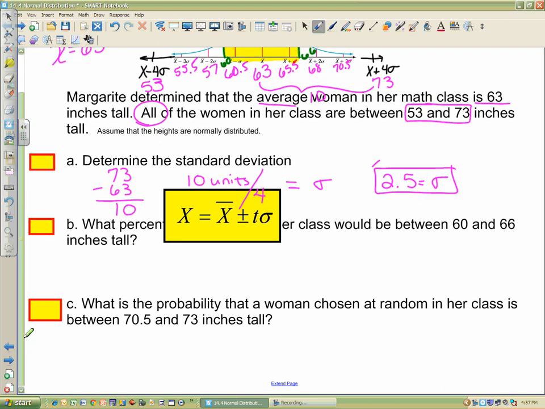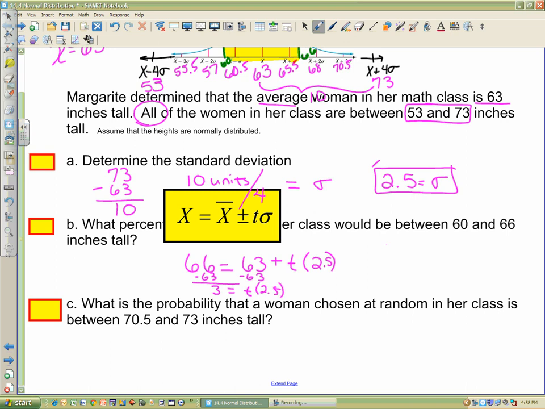So I'm going to put in, I want to know, 66 is my high point. The mean was 63. I'm going to add to 63 a t-value that gets me to 66. So if I subtract 63, just solving, I'm going to pick up 3 equals t times 2.5.